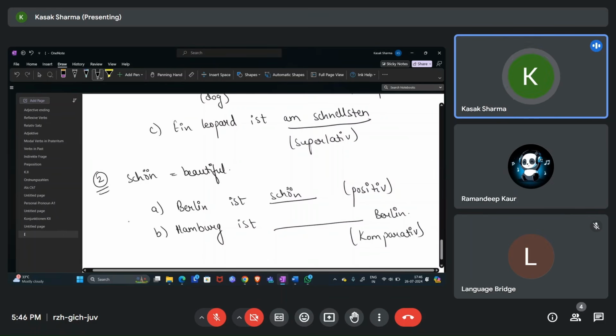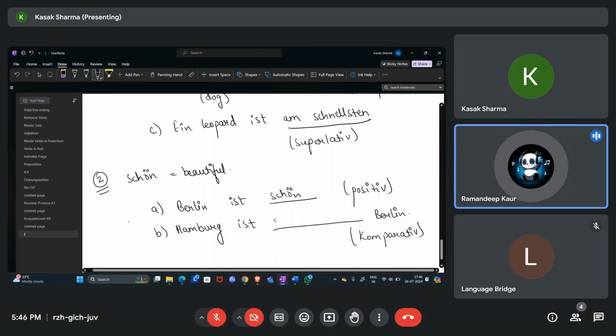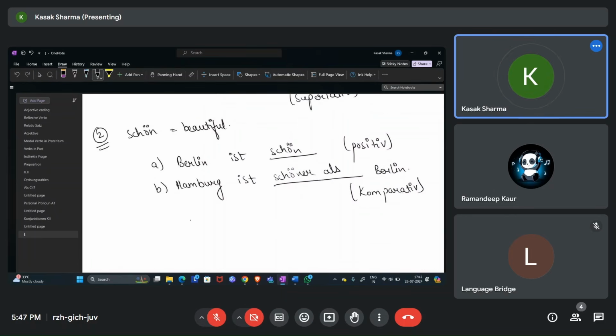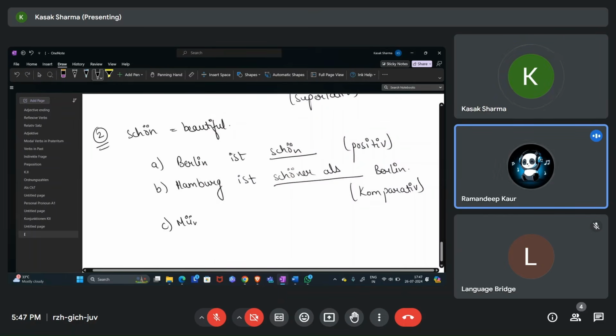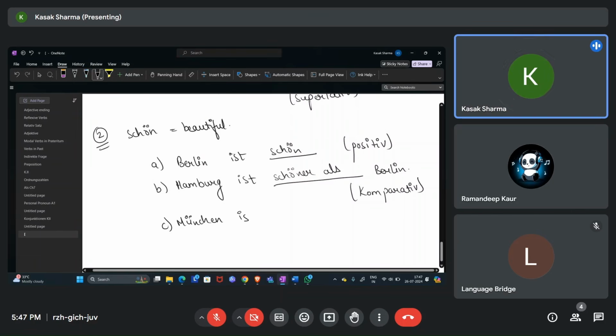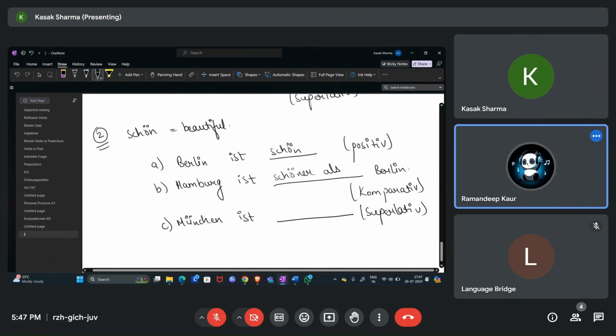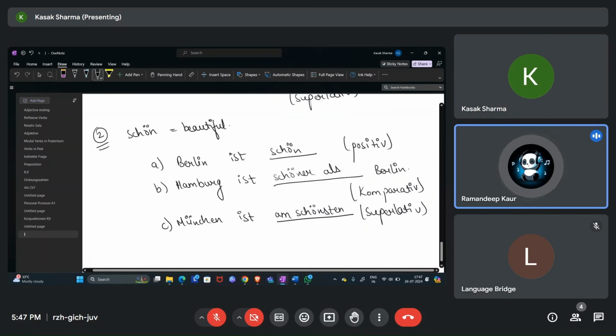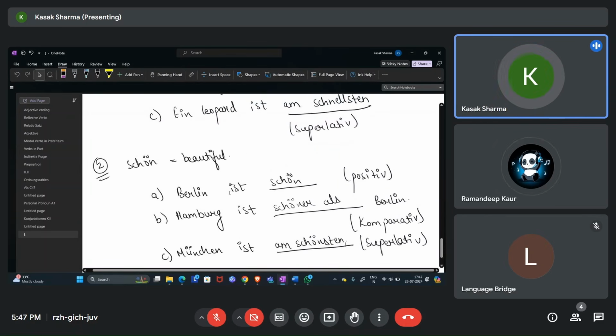What will it be? Schöner als. Correct. And if I'm saying München ist dash, it's my superlative. Am schönsten. Correct. Understood how we use this comparative degree and superlative degree?